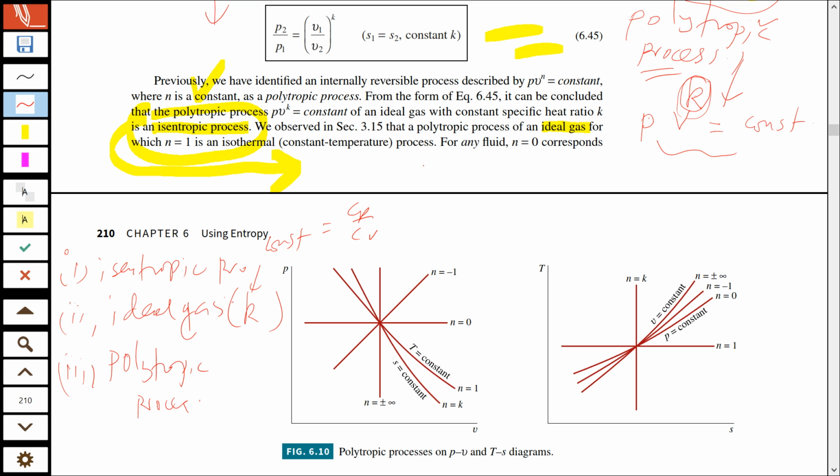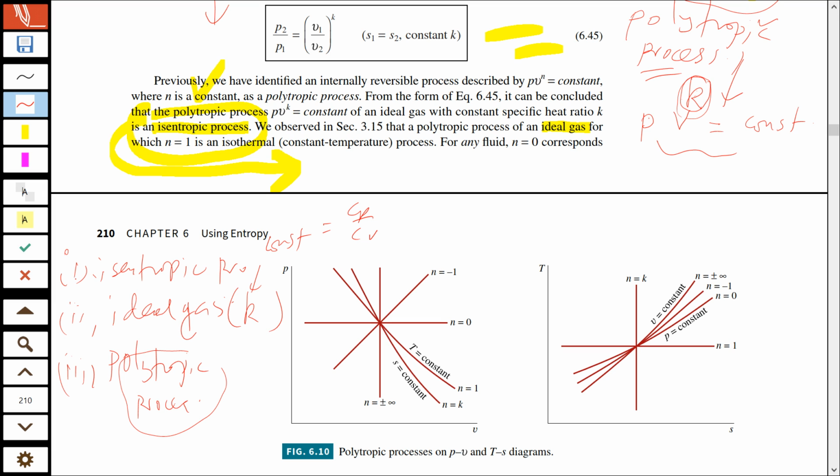So what you discovered is that the polytropic process will have this form. Now you can flip this reasoning.